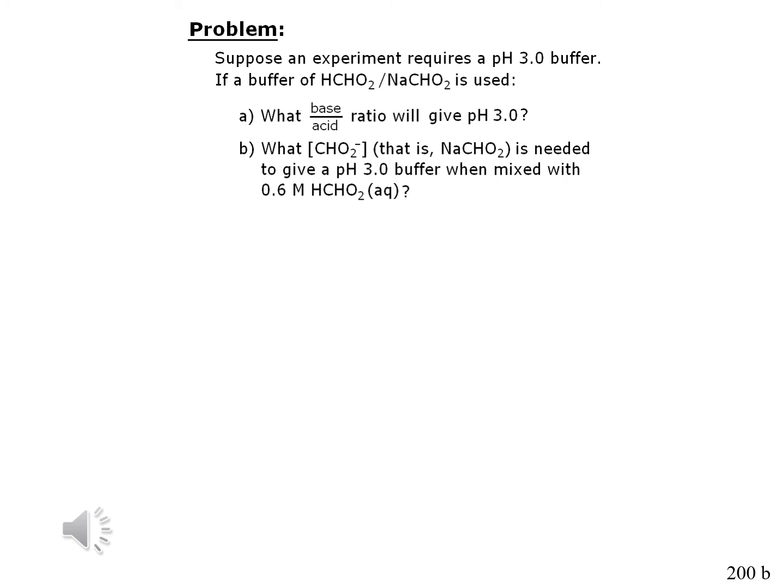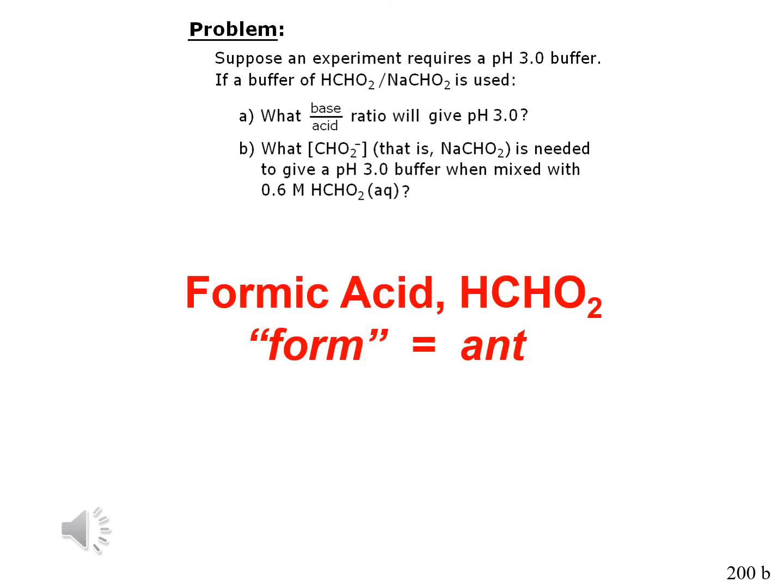And then this time I want to calculate the amount of base you need to go with an acid to make the correct pH. So this is going to be kind of the upside down of the problem we did with the ammonia. Formic acid was originally isolated in organic chemistry from ants.